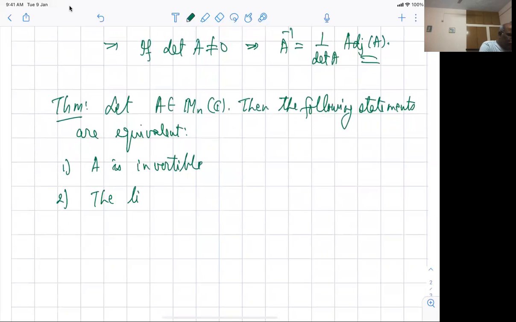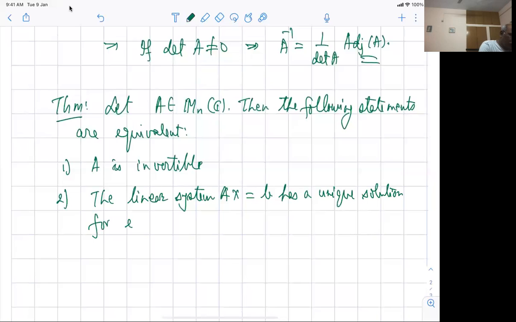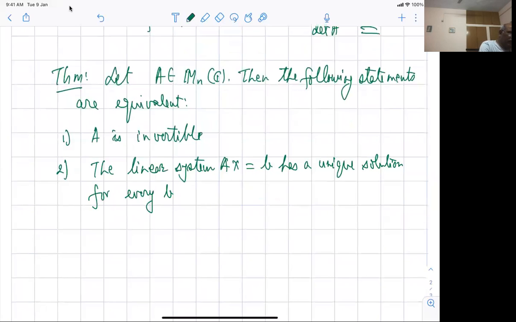The linear system Ax is equal to B has a unique solution for every B. Maybe I should put it differently. So A is invertible. That I already know, that A is product of invertible matrix and things like that.